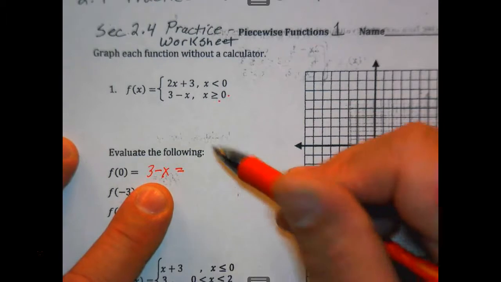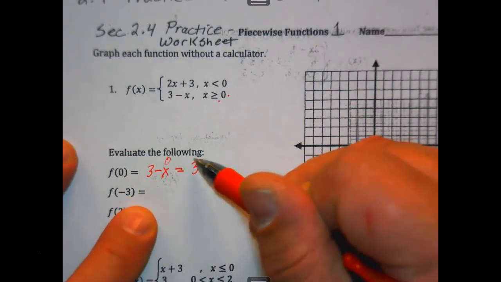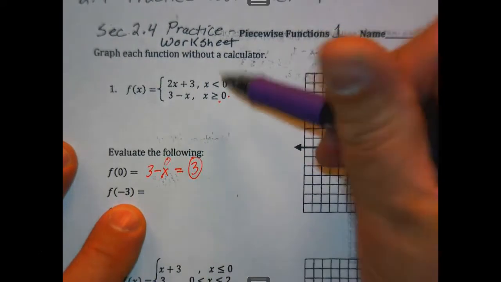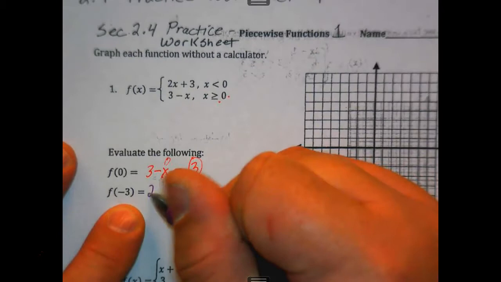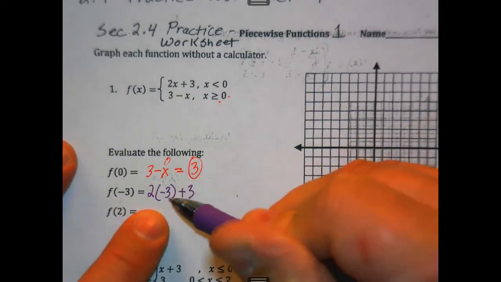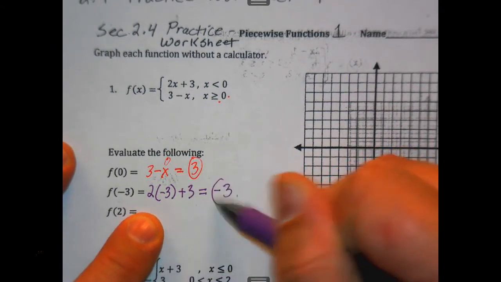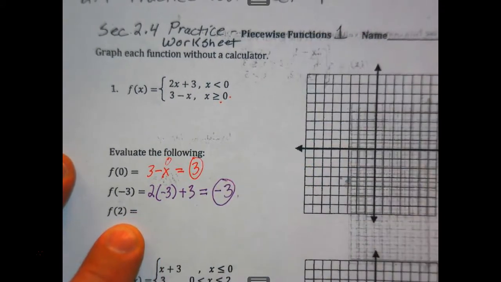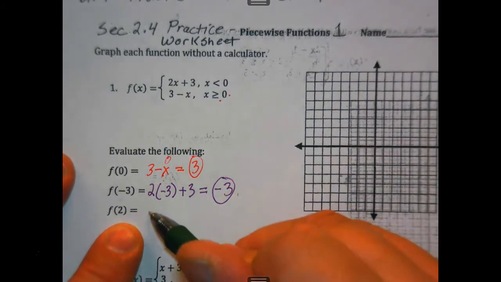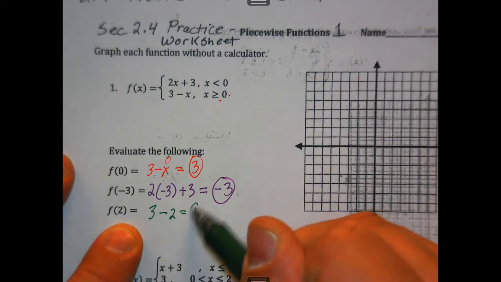I have 3 minus 0, which is 3. Negative 3, I'm going to use the top one. I get negative 6 plus 3 is negative 3. And the f of 2 is greater than 0, so I have to use the bottom. 3 minus 2 equals 1.